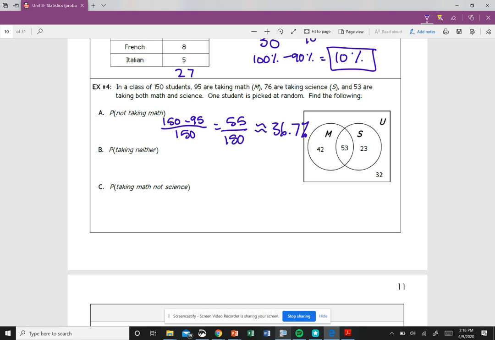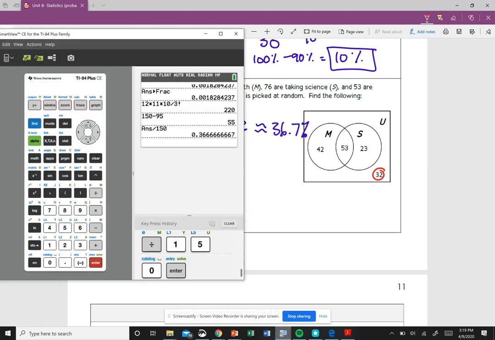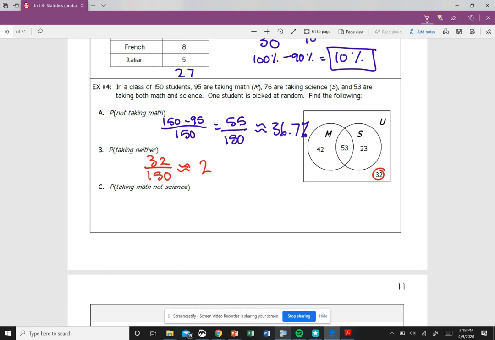Cool. All right, what's the probability of taking neither math nor science? So this would be the 32. We've got 32 that are taking neither, so you do 32 out of 150, and that's 21.3%.